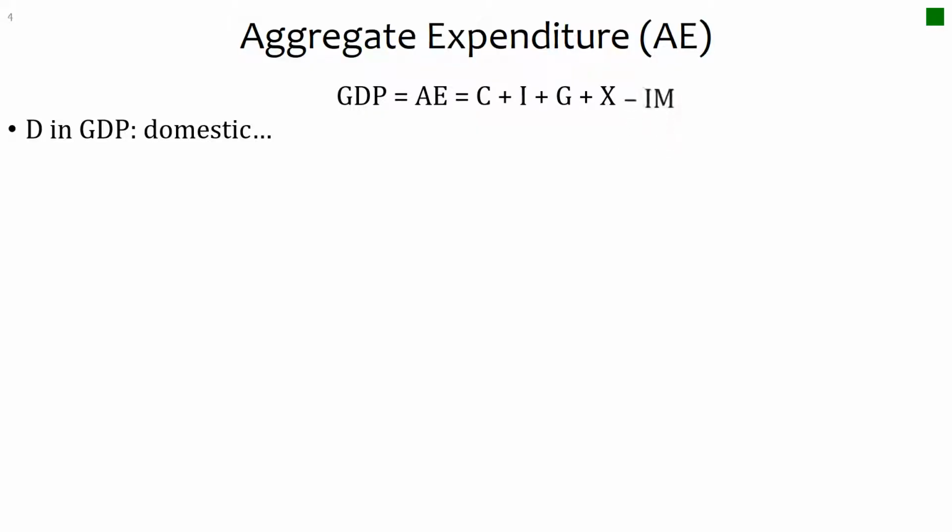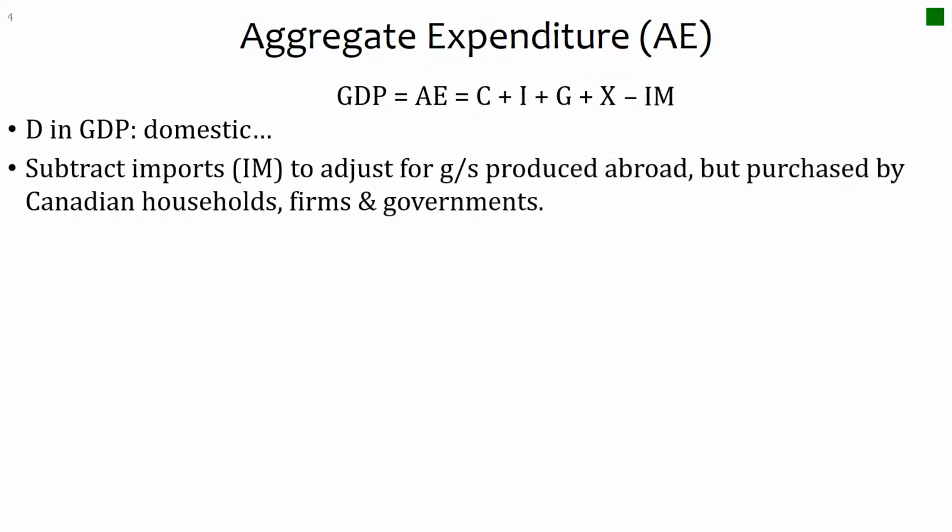So the idea is that we are going to subtract imports so that we adjust for goods and services produced abroad but purchased by Canadian households, firms, and governments, right? So this, by the way, is goods and services. I have these abbreviations sometimes, but I read it out for you, so you can write it out if you don't like these.